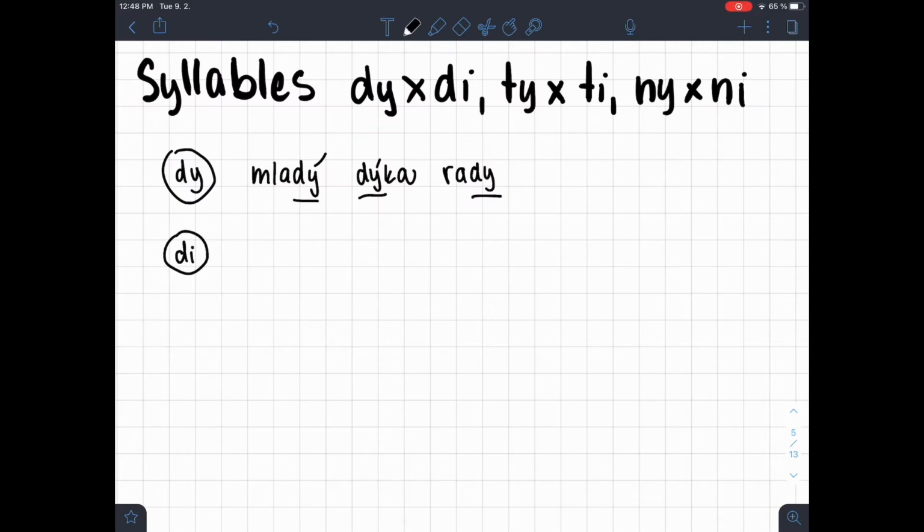If you look at the second syllable, di, you might assume, because the Y and I are pronounced the same, that the pronunciation will be just like the dy. But unfortunately it's not.